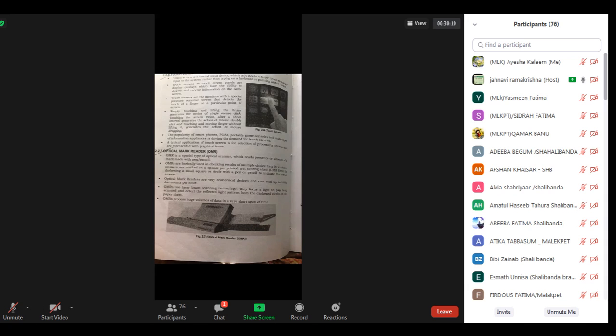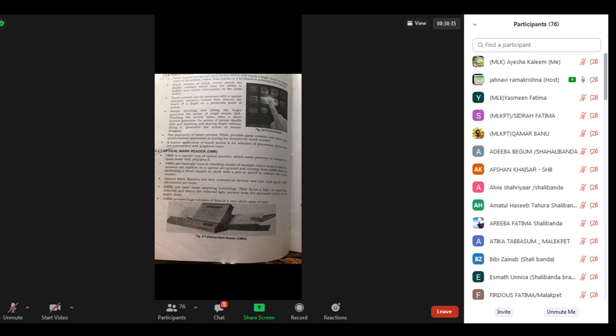I guess you all know all these things. So it generates the action of a single mouse click, and touching the screen twice generates the action of a mouse double click. And at times sometimes you have to drag and drop, then it is the same as your mouse dragging and dropping, GUI.